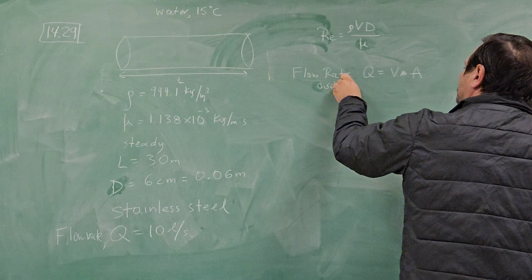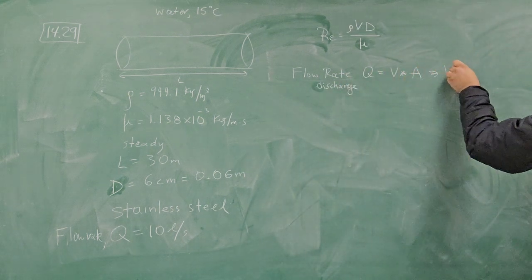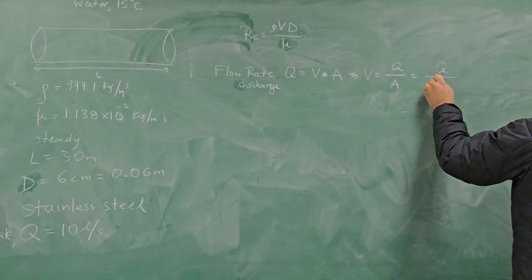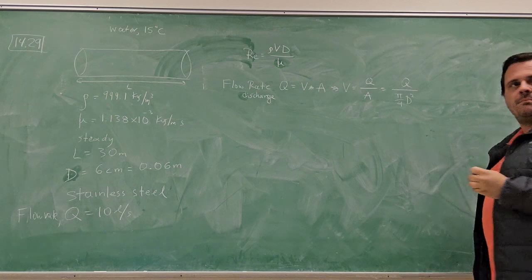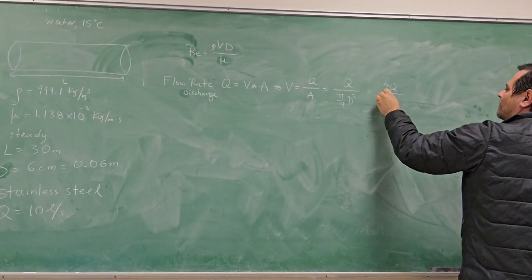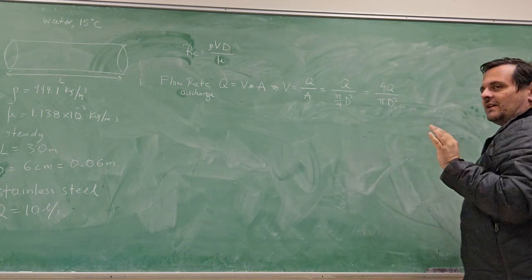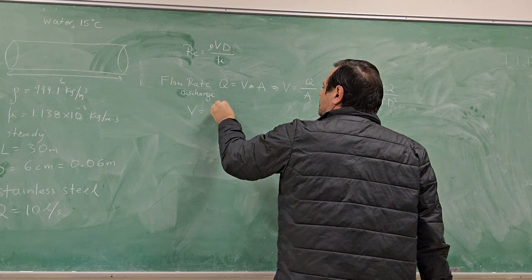So from here, I can back calculate for my velocity V, which is Q over A, and because the area is pi over 4 D squared, it's a circular pipe, bring 4 to the top, it's 4Q over pi D squared. So this is another formula that it would be nice to have in your notes, so you don't have to do any manipulation.